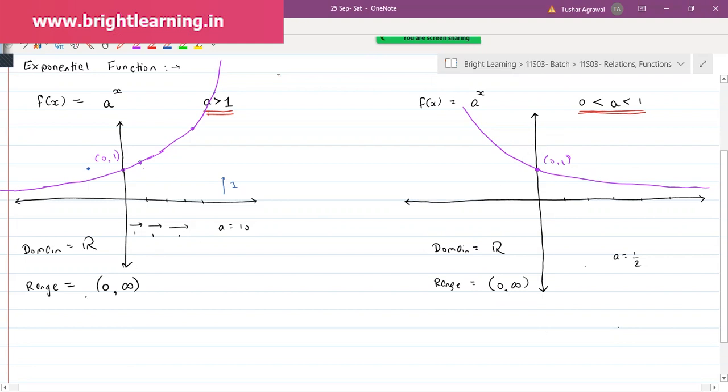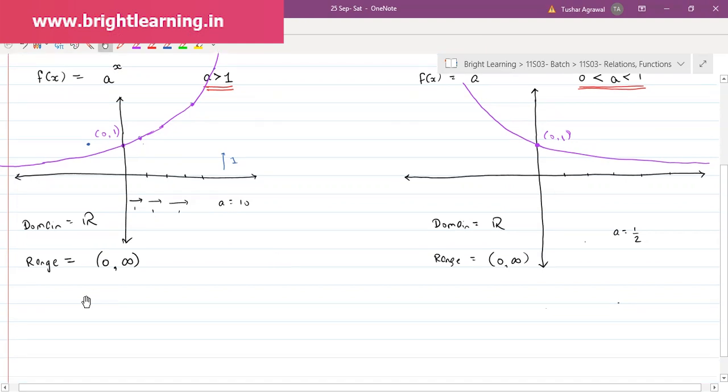Okay. And another thing for this graph, you can say that this graph is monotonous. Monotonous graph means it's a well-behaved graph. Means when x is increasing, for a greater than 1, for this example, y is also increasing. It's a continuously increasing graph.